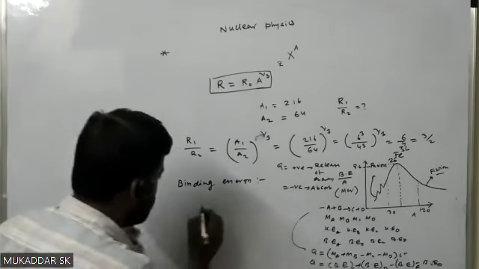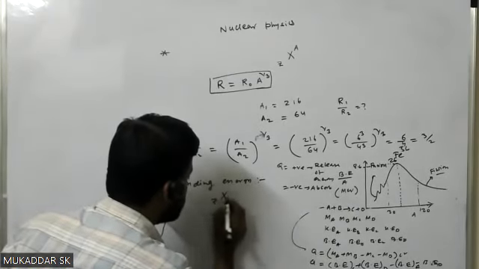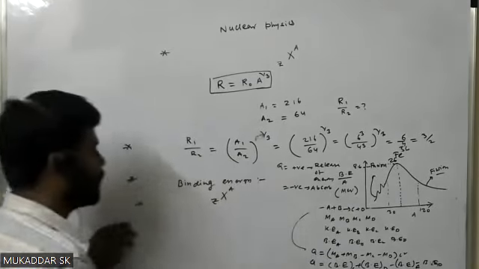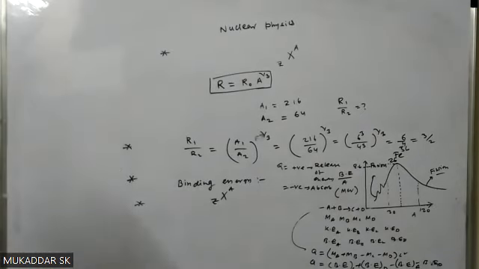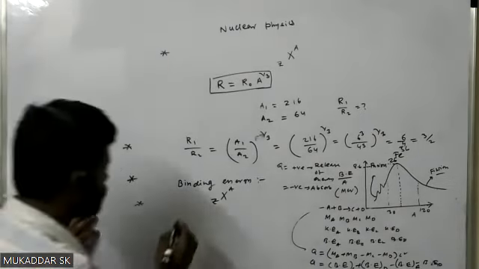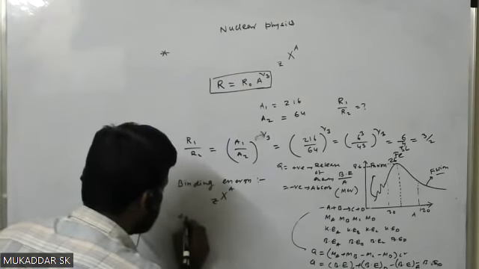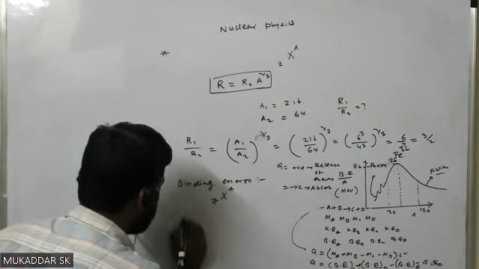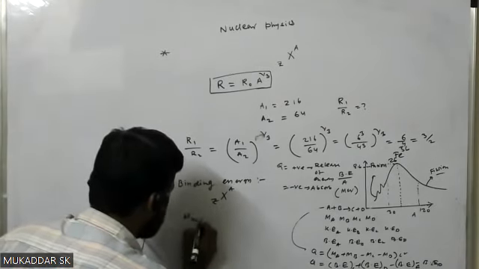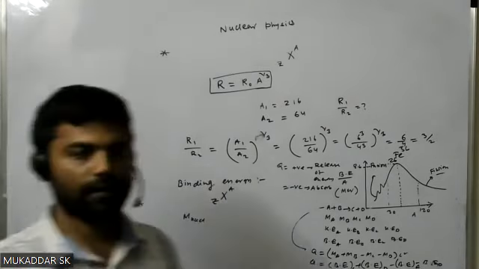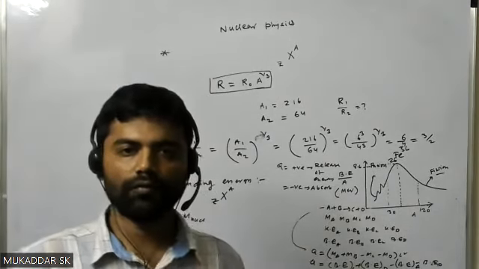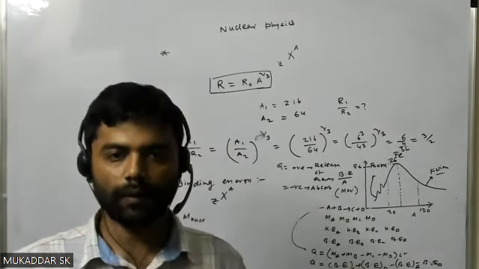Suppose you have a nucleus, ZXA. This is the nucleus. So you know that for a stable nucleus, the actual nuclear mass means what? The nucleus is composed of Z protons and N neutrons.